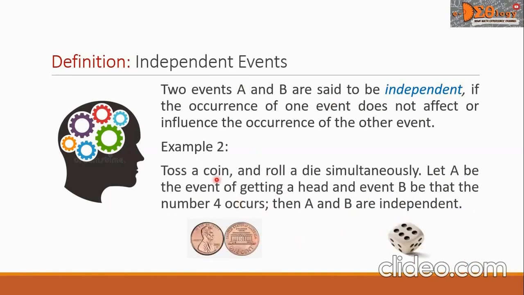Example 2. Toss a coin and roll a die simultaneously. Let A be the event of getting a head and event B be that the number 4 occurs. Then A and B are independent.